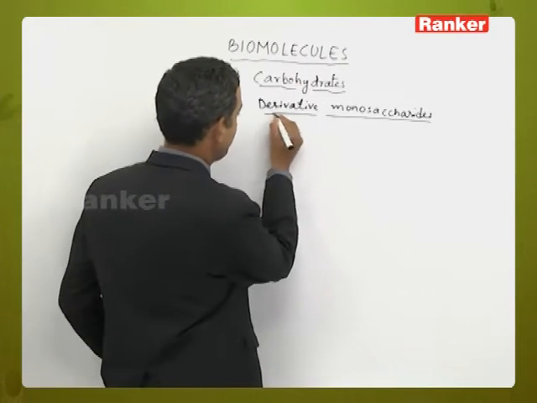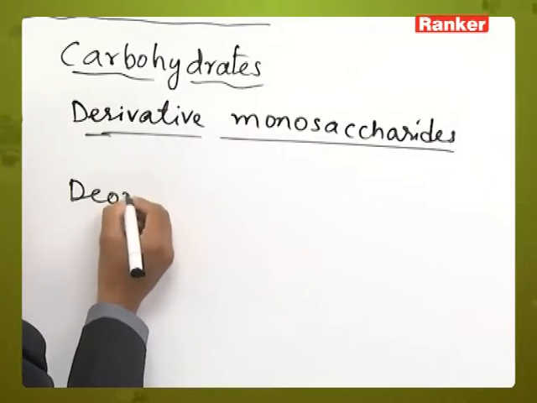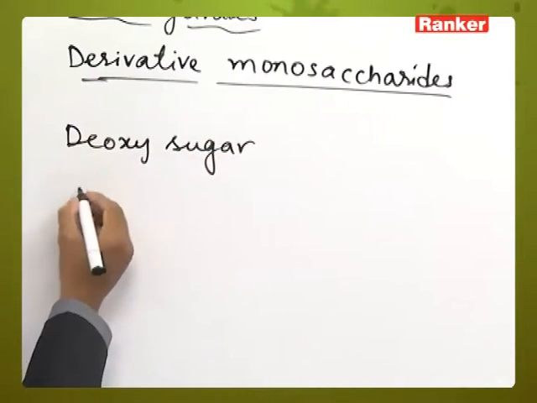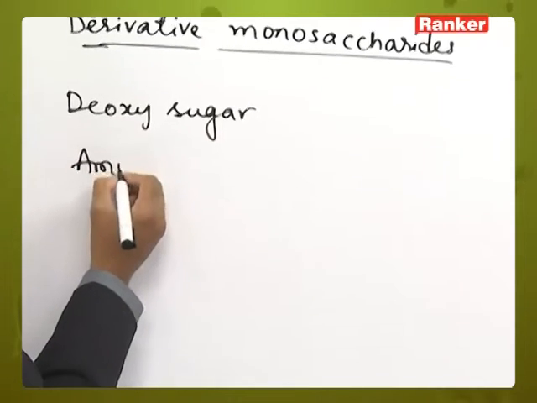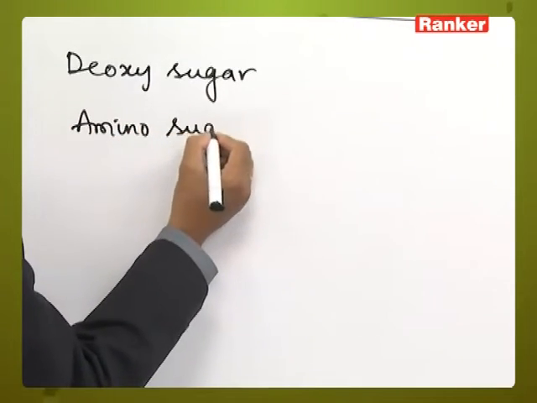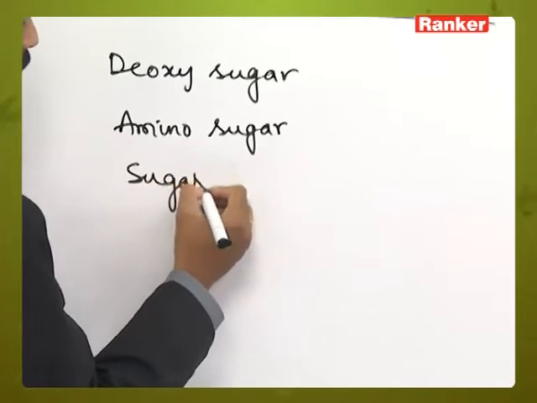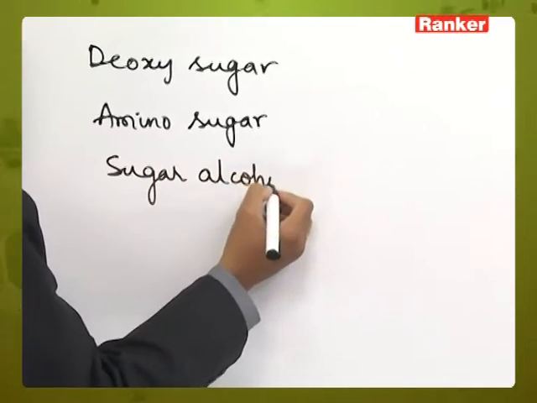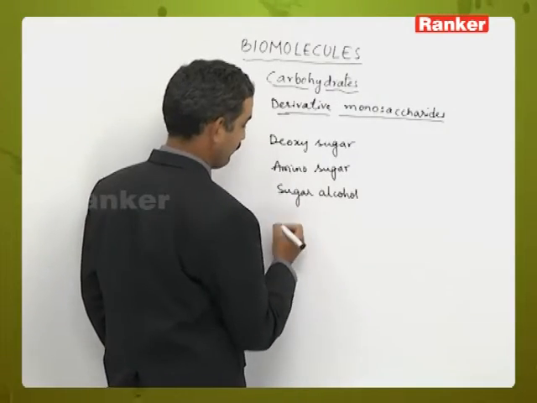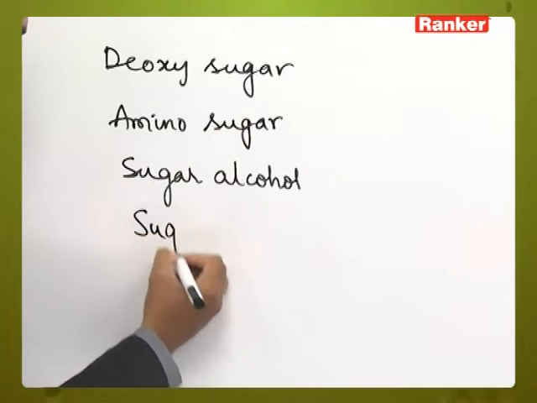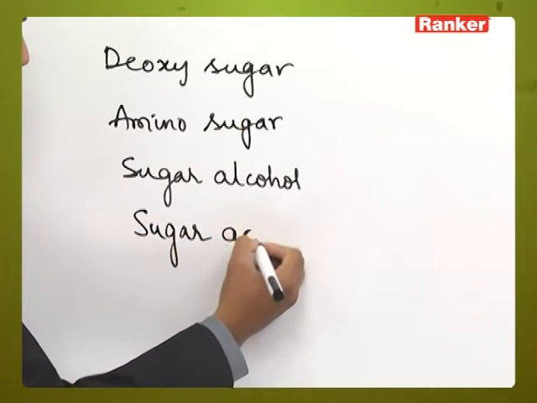Let's take some examples: deoxy sugar, amino sugar, sugar alcohol, and sugar acid.